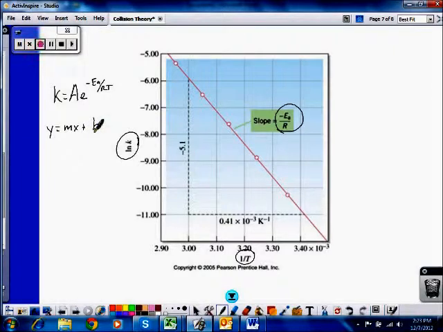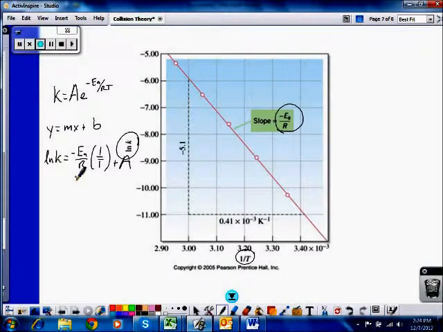So if we look at what we have graphed, we can see y is the natural log of k, m is negative EA over R, my x is 1 over T, and although this particular graph has a definite value for the y-intercept, in general, that's going to be your frequency factor, ln A. So the Arrhenius equation, rewritten in slope-intercept form, looks like this.